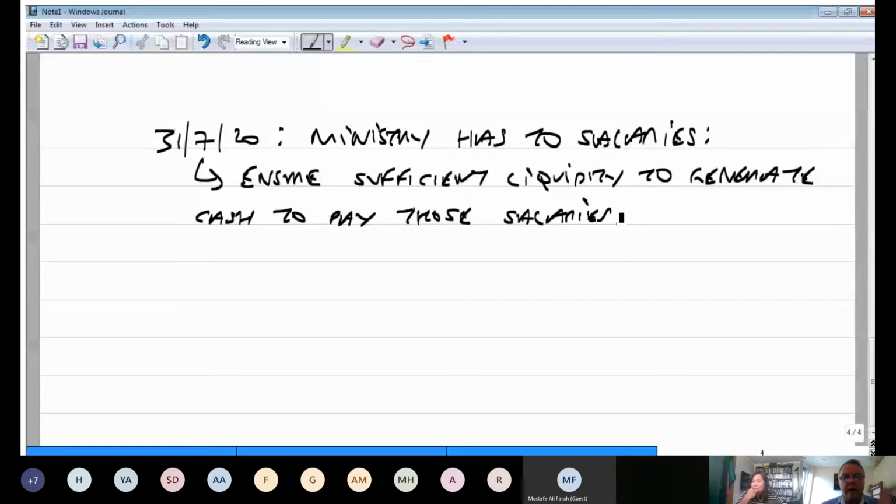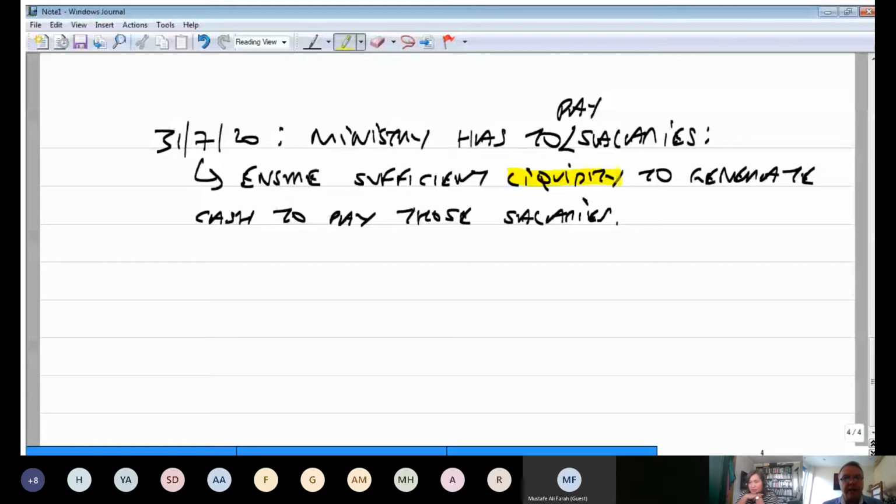Okay, so 31st of July, the ministry has to pay salaries. We know this. So they must ensure sufficient liquidity to generate cash to pay those salaries.